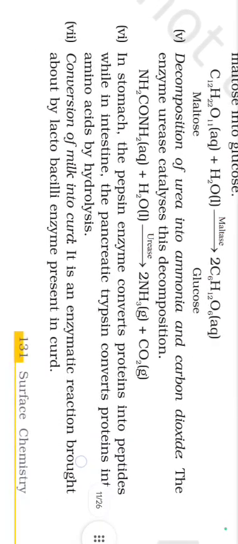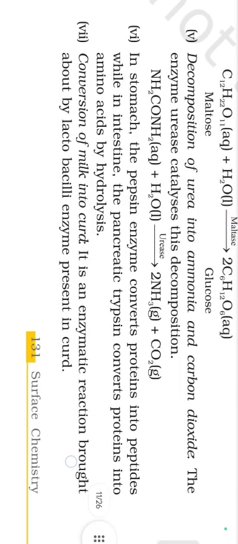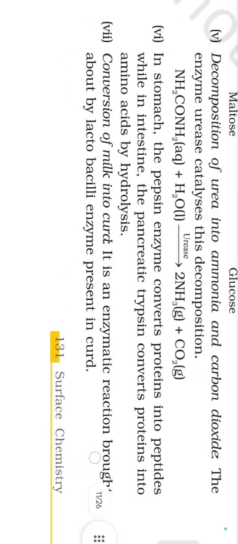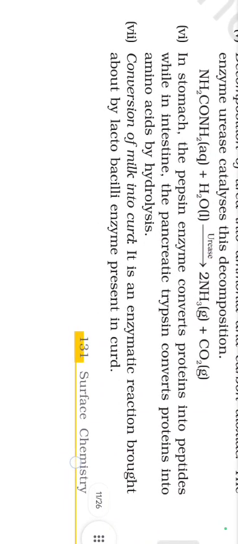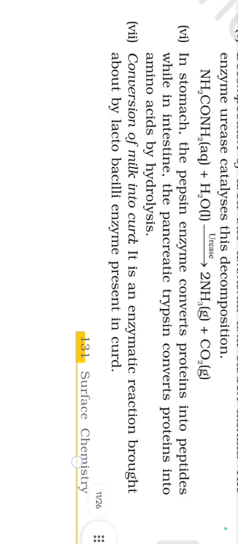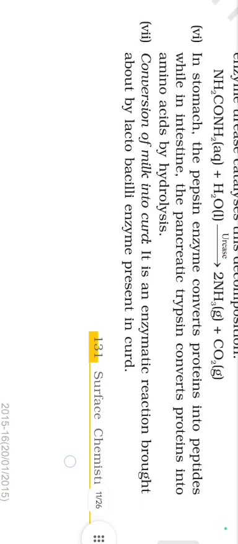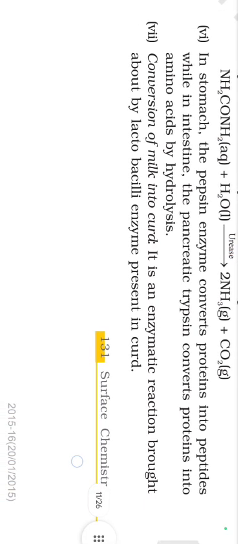C12H22O11(aq) maltose + H2O(l) in presence of maltase gives 2C6H12O6(aq) glucose. Fifth, decomposition of urea into ammonia and carbon dioxide. The enzyme urease catalyzes this decomposition. NH2CONH2(aq) + H2O(l) in presence of urease gives 2NH3(g) + CO2(g).